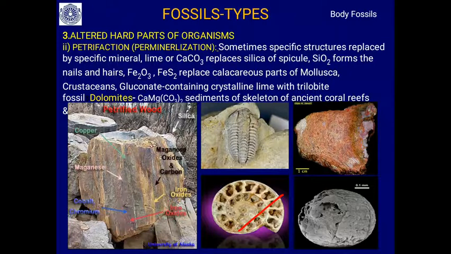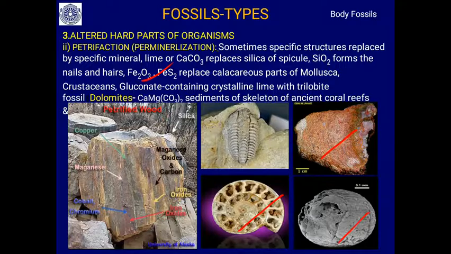Then silicon dioxide forms the nails and the hairs. So nails and the hairs are replaced by the silica. Then the bone material is replaced by iron salts. So here you can see this is the silica, this is the dinosaur bone replaced by silicon dioxide.